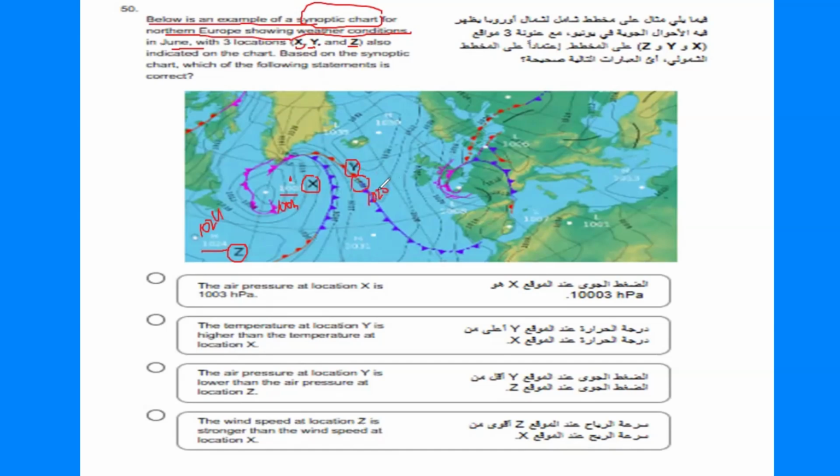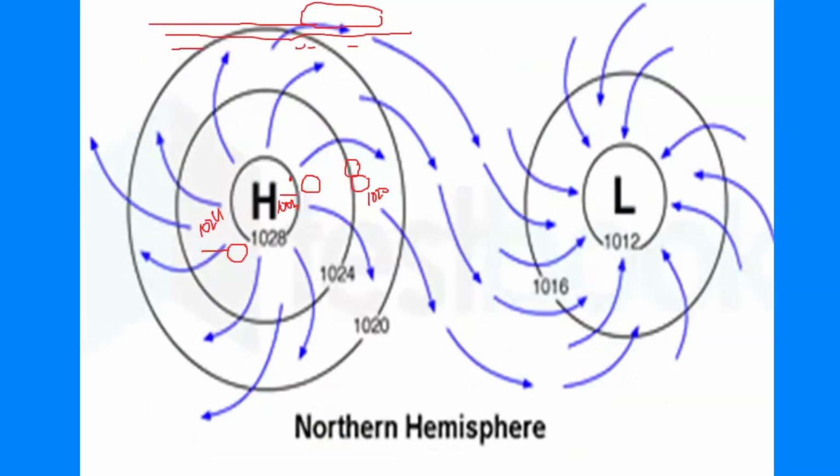Now, before answering this question, first we need to understand in which direction the winds or air are blowing. Look at this chart. H is showing a high pressure and L is showing a low pressure, right?